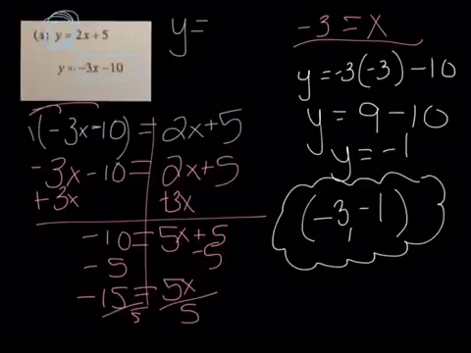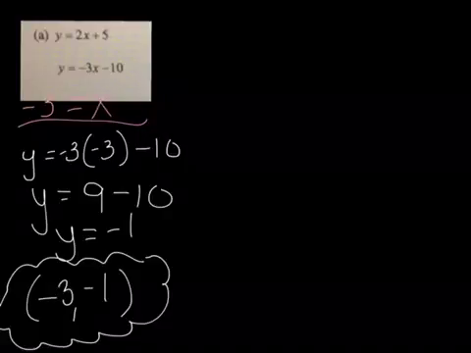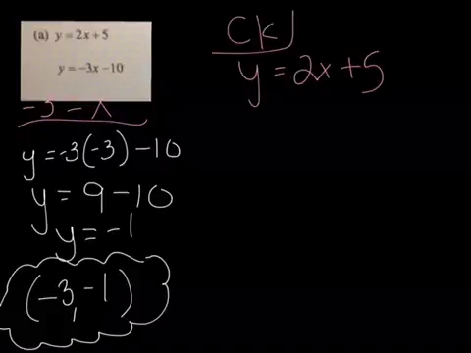And technically I should really check it in the other equation. With my answer negative 3, negative 1, I'm going to plug it into the other equation. The other equation was y equals 2x plus 5. So this is going to be my check.